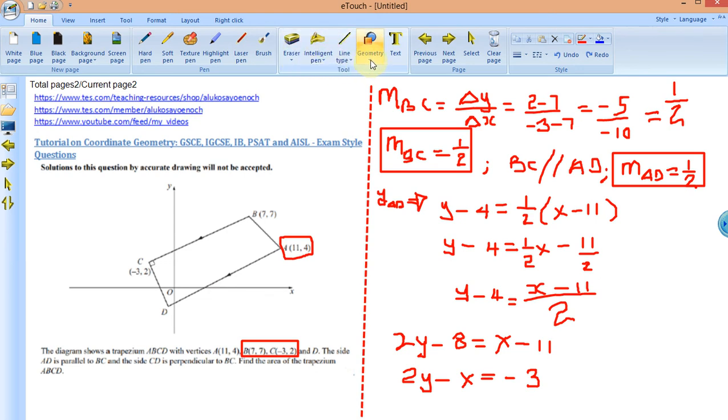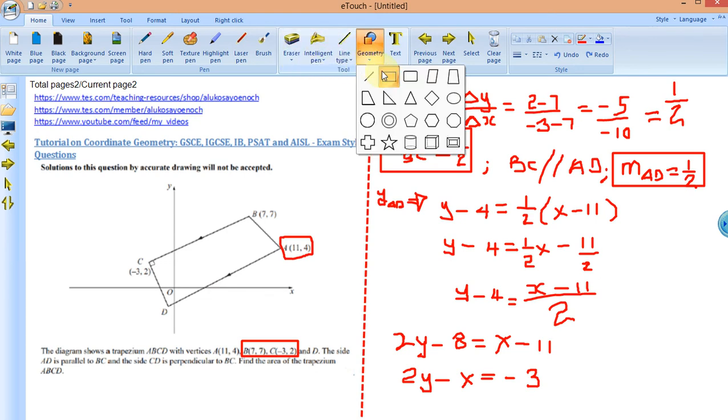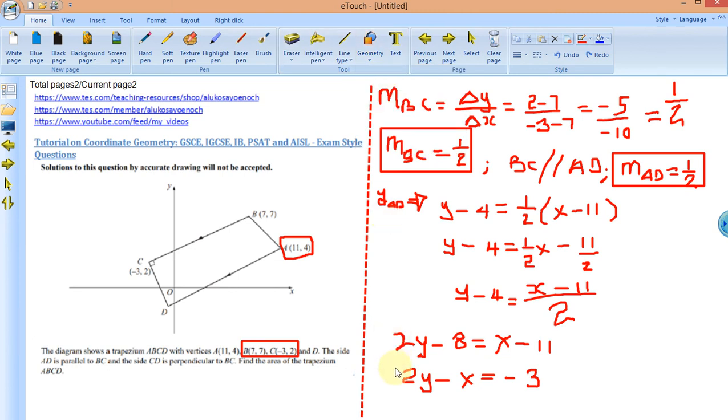Let me put that in a rectangular box, guys. I don't have more space here, so I can go to the next page. Before I go to the next page, let me read: AD is parallel to BC and the side CD is perpendicular to BC. So the equation of the parallel line to AD is this.